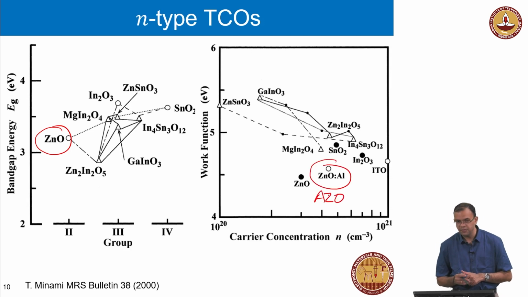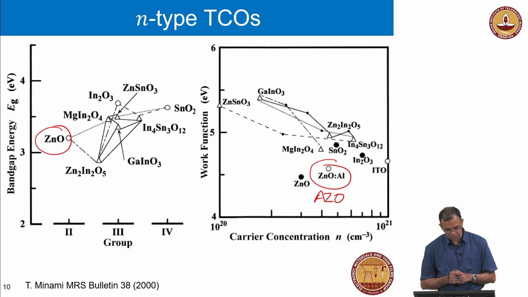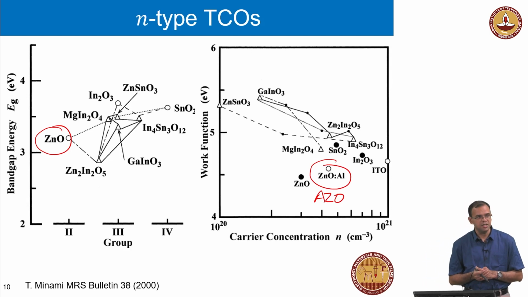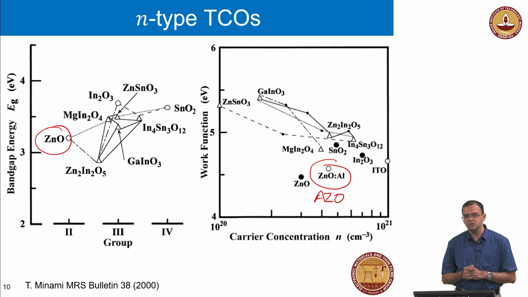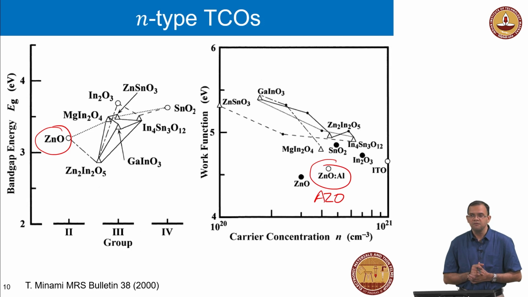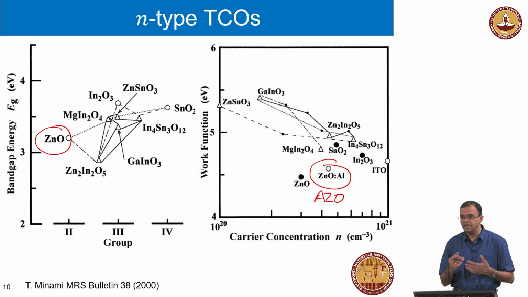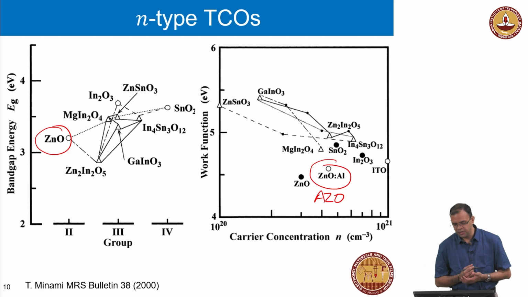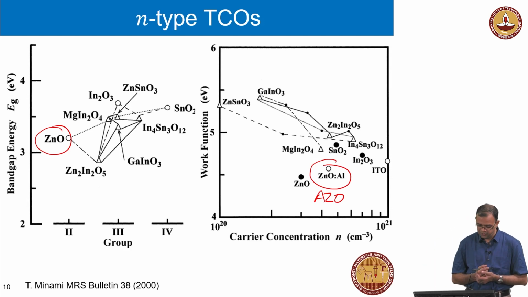It is one particularly used oxide. Instead of ITO, people also use FTO, so that is fluorine doped tin oxide, that is again a widely used TCO. So there are a lot of people working on trying to find other n-type transparent conducting oxides.